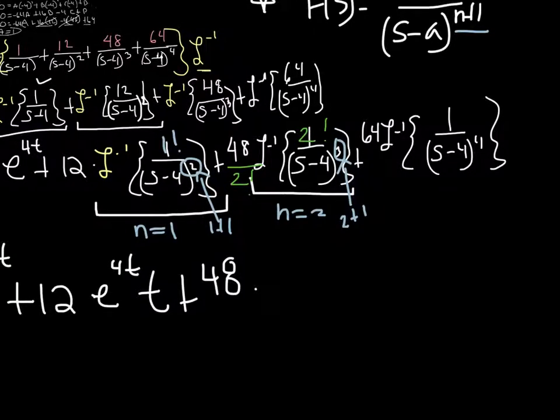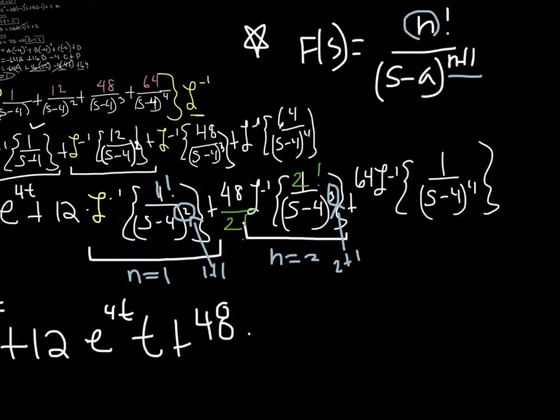With that said, right now this guy looks exactly like this guy. So then we can say we have e to the 4t times t to the n, and let me be careful, I have my 2 factorial here. This guy is t squared.